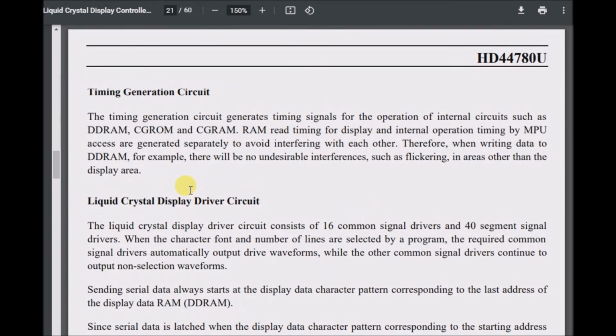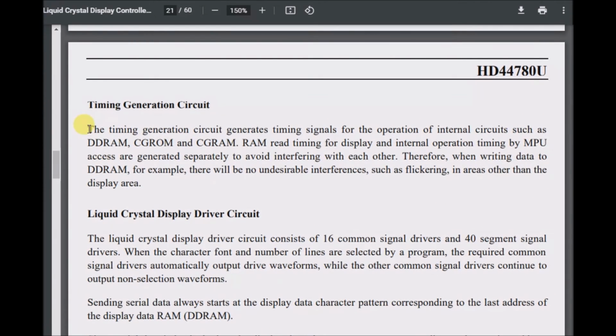Timing generation circuit. The timing generation circuit generates timing signals for the operation of internal circuits such as DDRAM, CG-ROM, and CG-RAM.